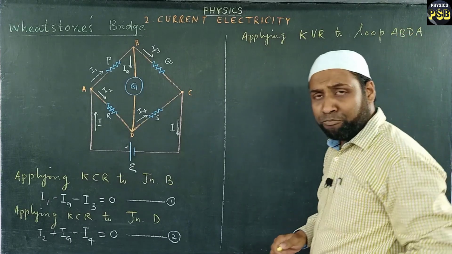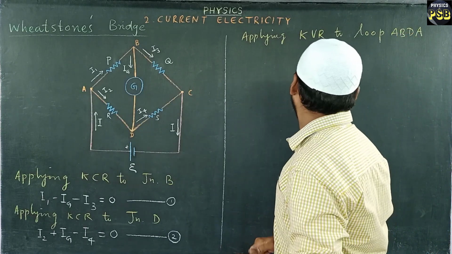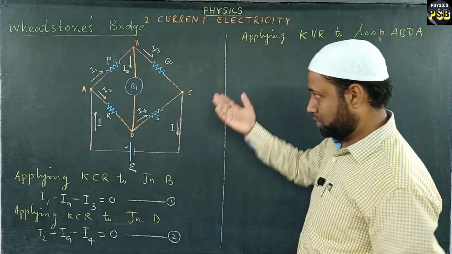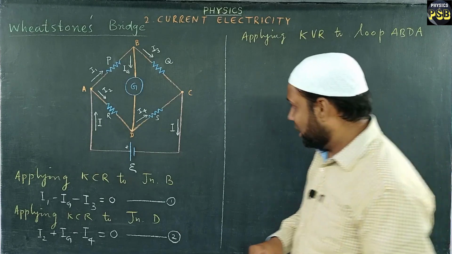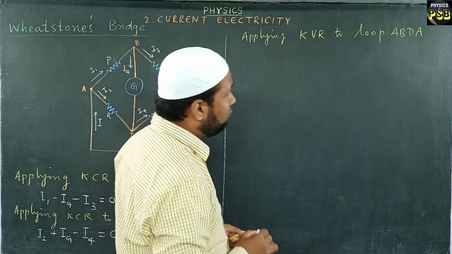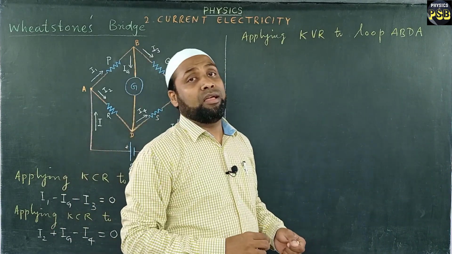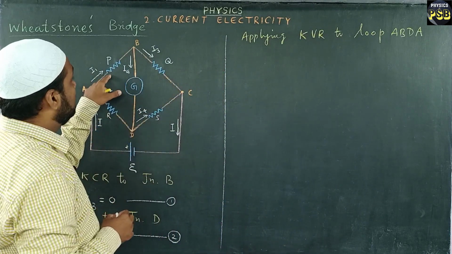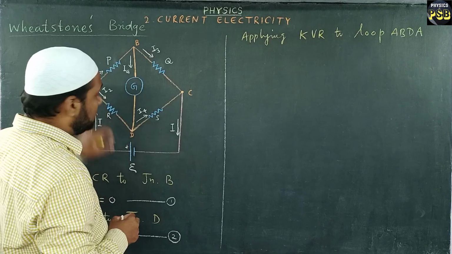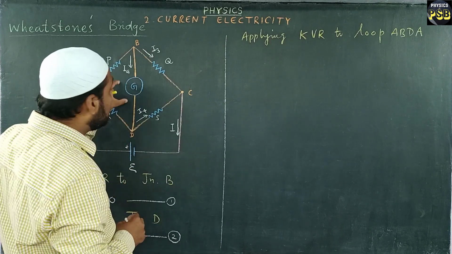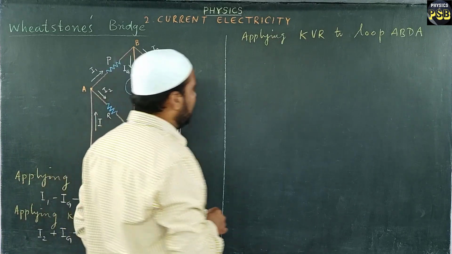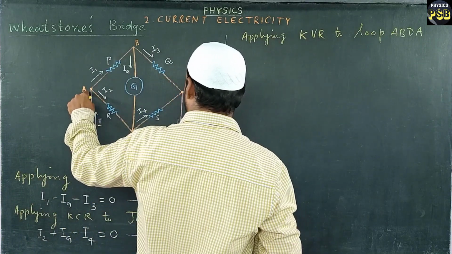As we have studied, Kirchhoff's voltage rule is applied to a closed loop. Now let me do it. It says that the sum of the products of current and resistance in a closed loop is equal to the total EMF in that loop. Let's find that out. I start from A.